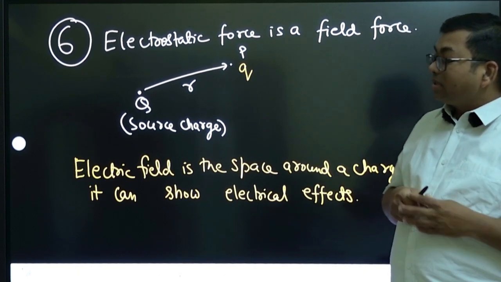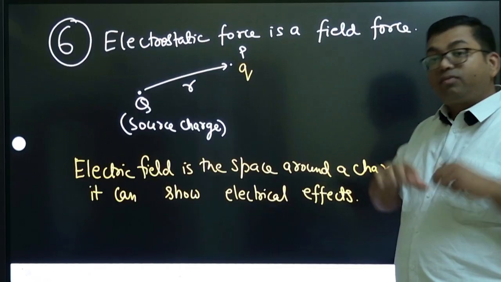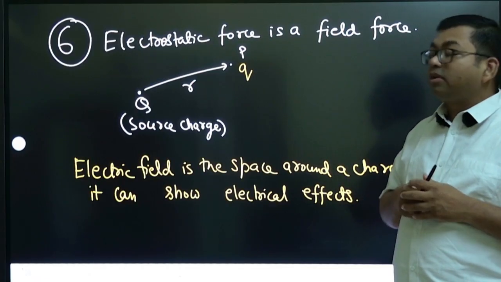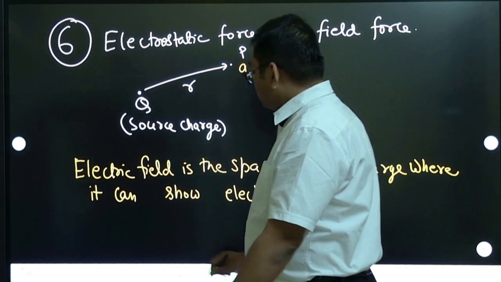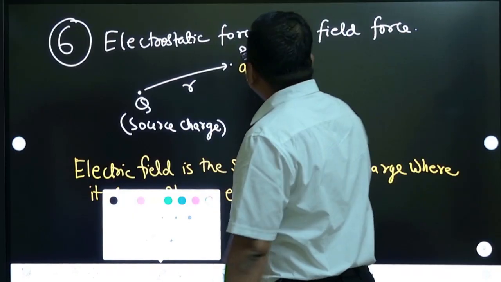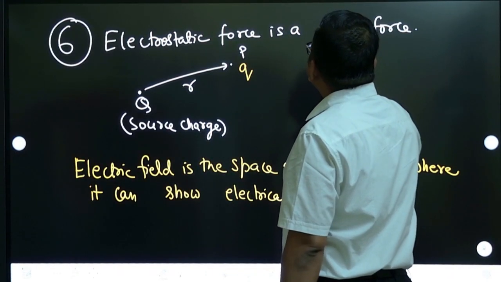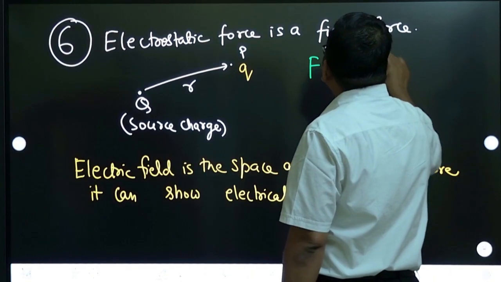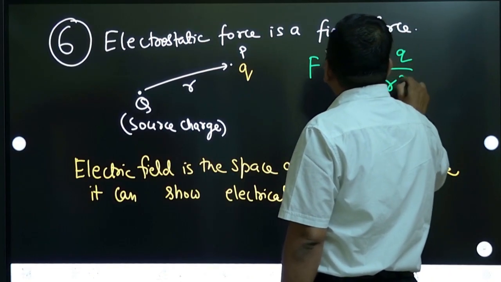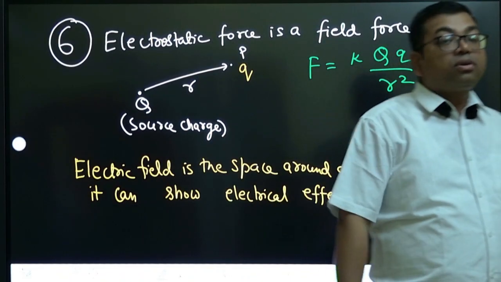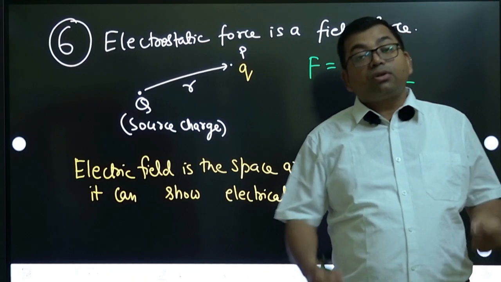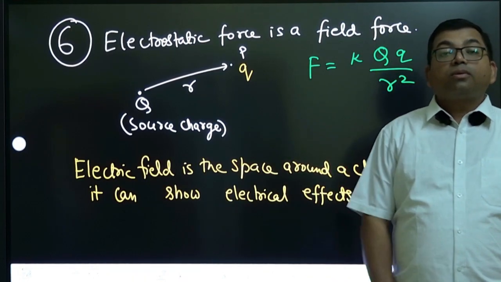So we have to understand how to measure the field. The field is there, but how to measure it? To measure the field, let us first try to understand force. This force is given as, we already know, k q Q by r square. How strong is the field there? If the force is strong, then the field will be strong.